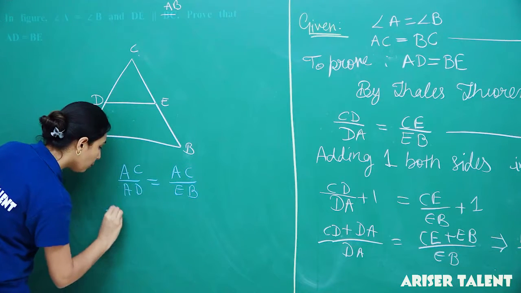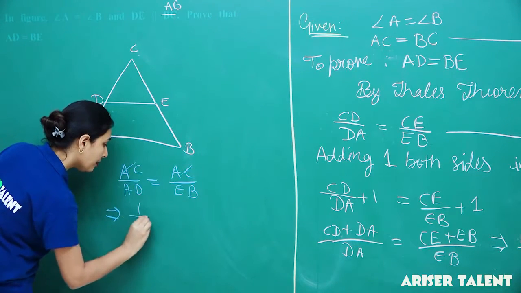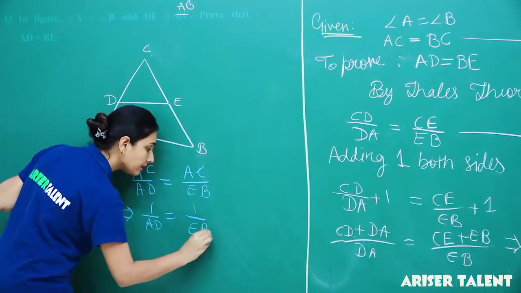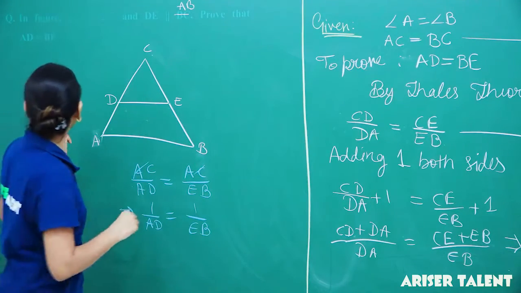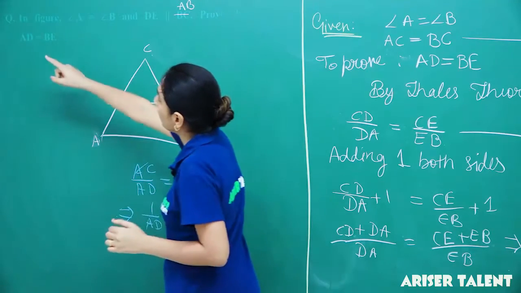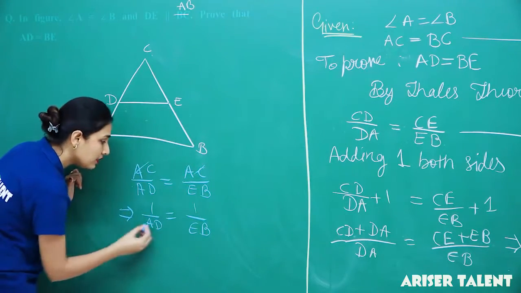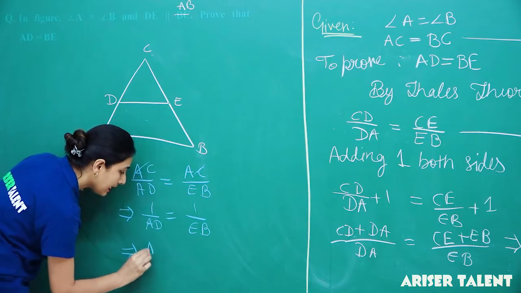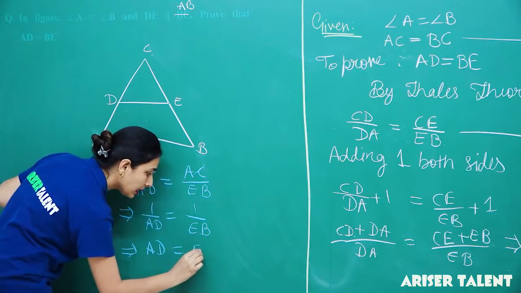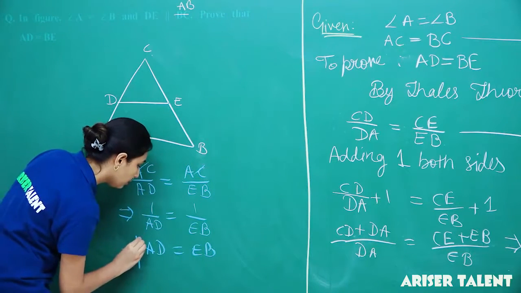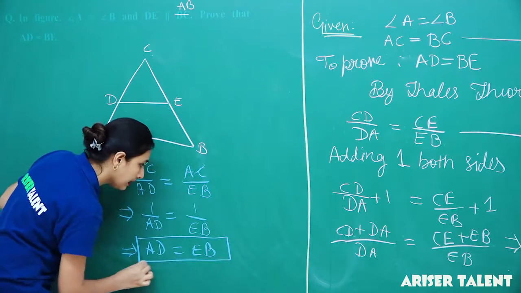Now, it will give you what? 1 by AD equals 1 by EB. And we have to prove AD equals BE. So, by this we can just conclude that AD equals EB, by reciprocal theorem. So, hence proved.